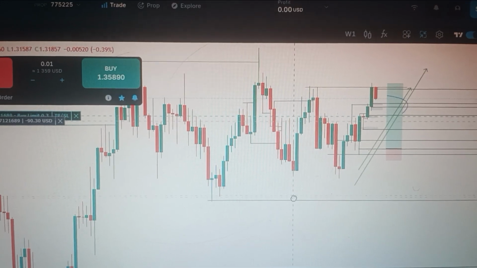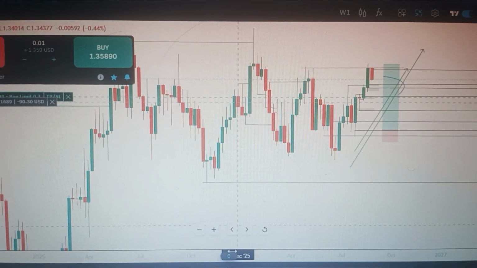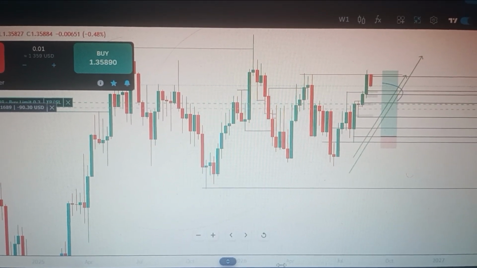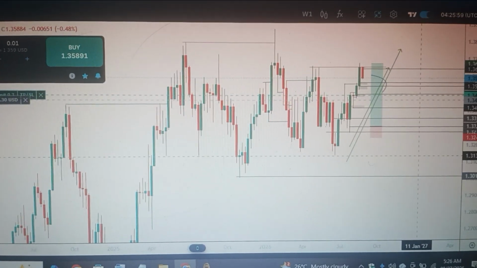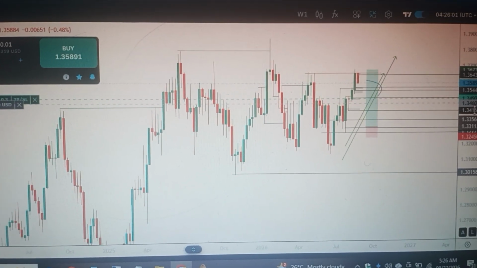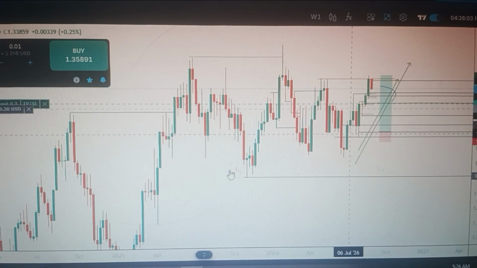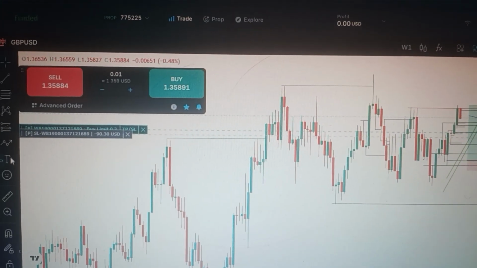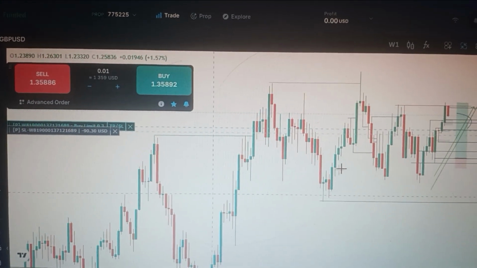Observing the structure from the weekly time frame, most of the time what we do in a market, we trade based on our basic understanding of market structure.